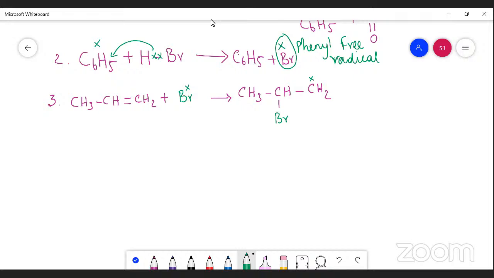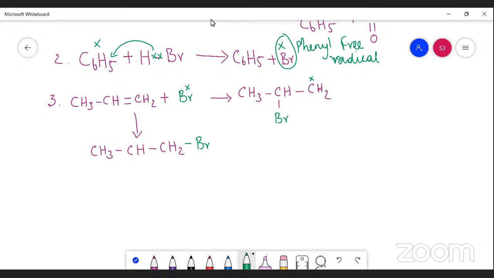Now one more possibility is that it is attached to the first carbon. Then what will happen? We get CH3-CH-CH2-Br.